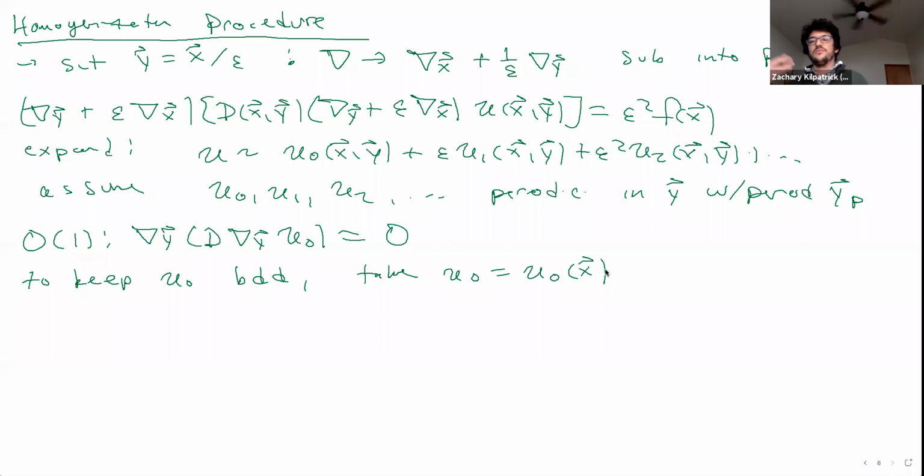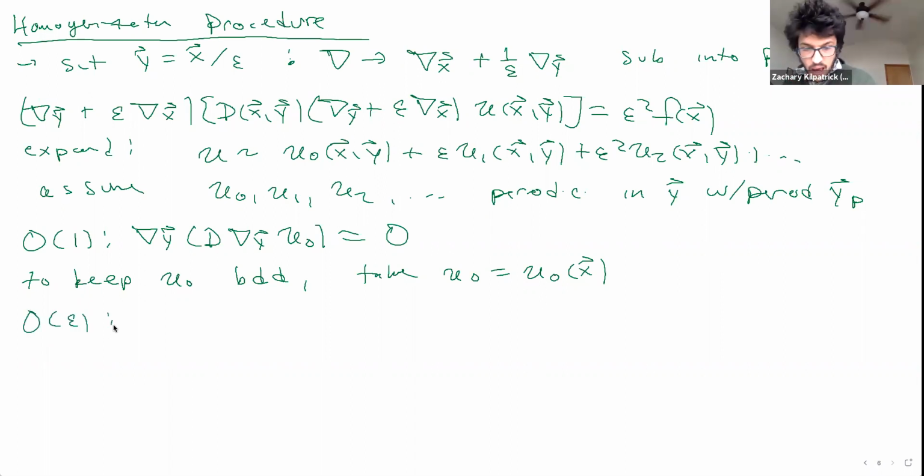We want to be able to say that u0 is just going to be a function of x, and that our effective diffusion coefficient is going to just be a function of x as well. Okay, so we have to go to the higher order equations in order to get to those.